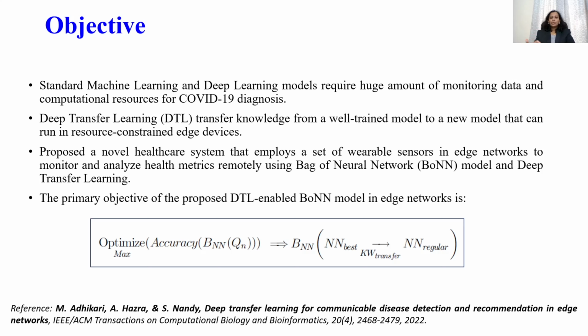The recent development of the deep transfer learning technique plays an important role in disease identification with minimum data and computational resources. Deep transfer learning transfers the knowledge from a well trained model to a new model that can run in resource constrained edge devices and diagnose the disease with a minimum training time.